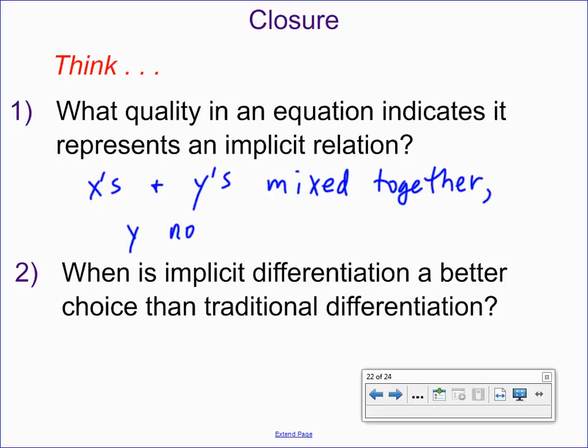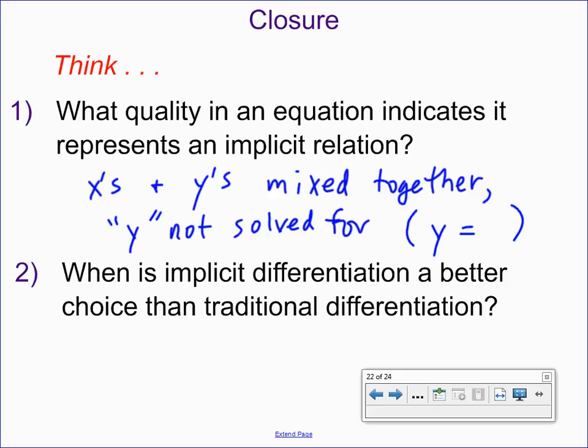Y not solved for. No y equals, right? There's no y solved for as a formula.